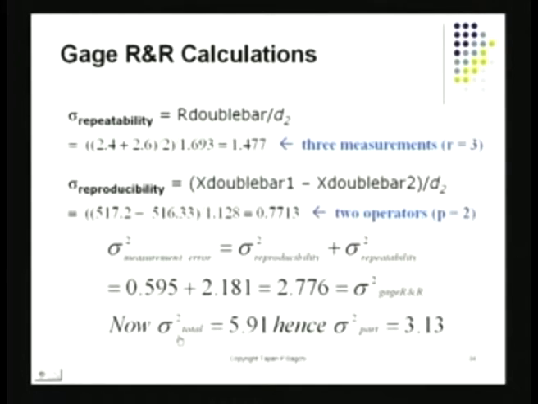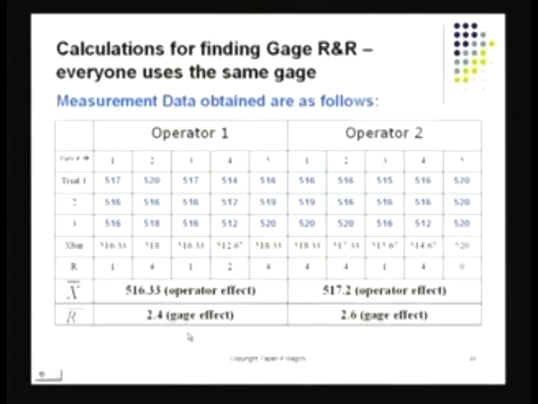Therefore, the total variation was found by going back to the total overall data, and I found the overall variation, and I call that the total variation. That's contributed in part by the part variation, parts 1, 2, 3, 4, 5, part due to the operator and part due to the gauge.